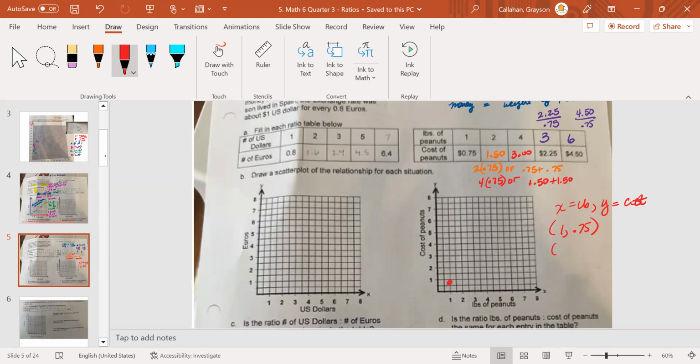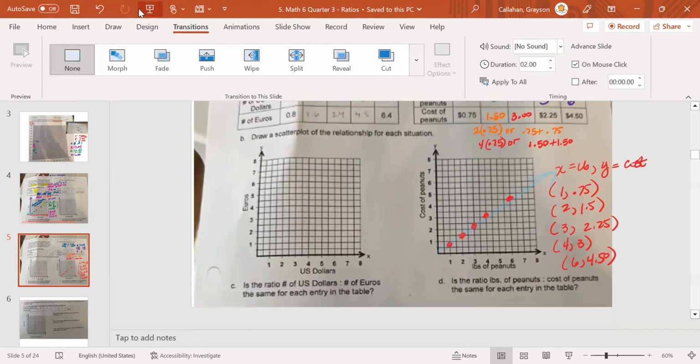Second one is 2, 1.5, so 2, 1.5 is right there. Actually, let's go by 3, 2.25, so that's gonna be right there. 4, comma 3, and it should be in a straight line. 6, $4.50. And if you look at it, it does give you a straight line, doesn't it? Okay. Now let's go on to the next one.